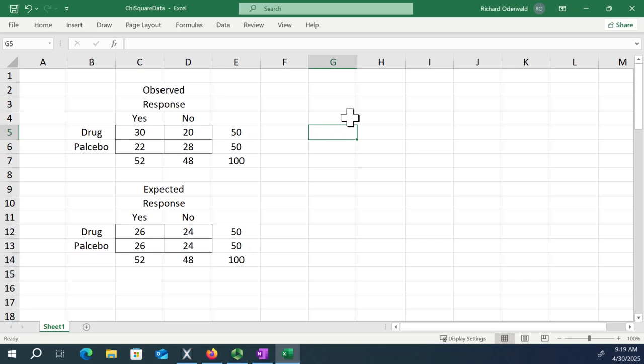But here, pick a spot, and I'll just keep it in line with this top part, equals, the first cell is 30, what's in that cell, minus what's in the expected cell. And then square it. And then divide by the expected value. This is observed minus expected squared divided by expected.